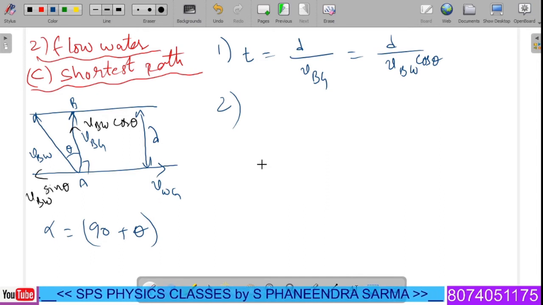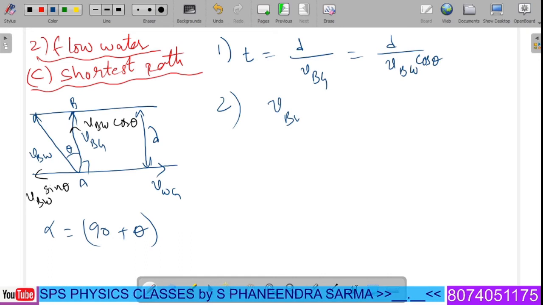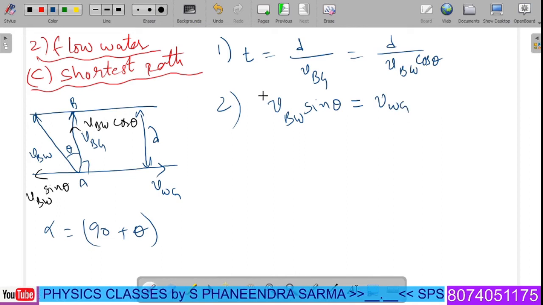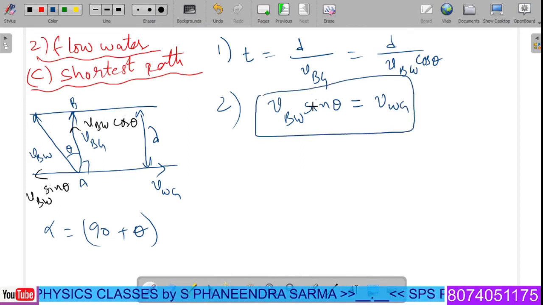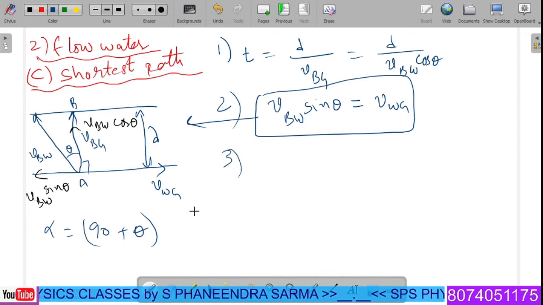Case 1. And in this case, a very important thing is that the vbw sine theta component must be equal to vwg. In this case only, the shortest path is possible. Because, see, this is a natural effect.